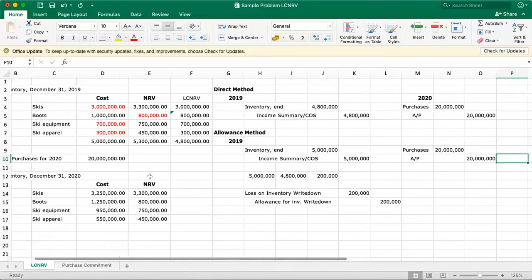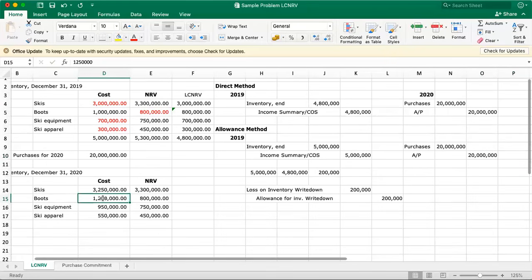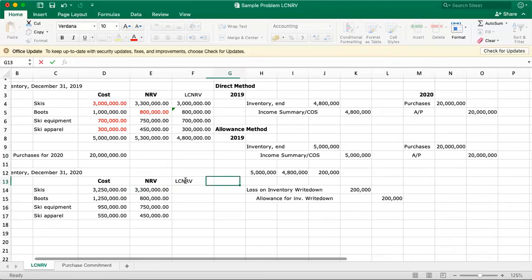How about the ending inventory? Okay, the ending inventory for 2020, same as what we did earlier. Let's compare which one is lower.